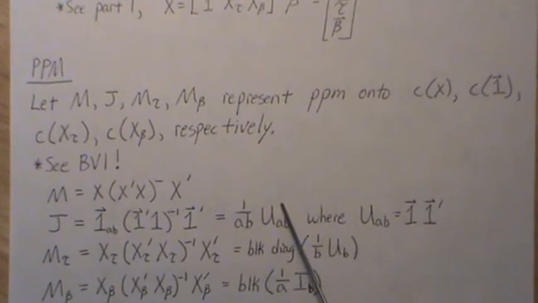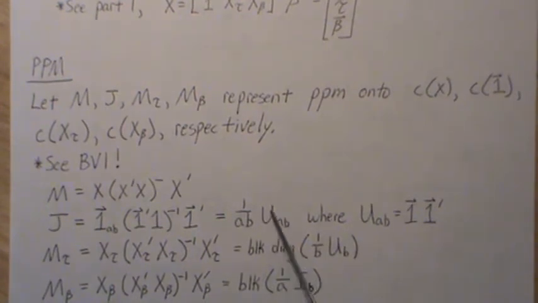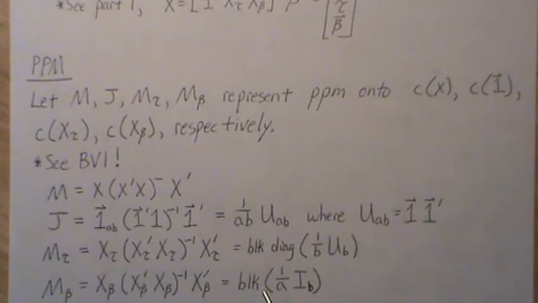If there's a number here, that tells me how many columns this matrix of all ones has, and then this is how many rows. But if the columns are left off, then we assume it's a square matrix. So this is a square matrix of all ones, AB by AB, times 1 over AB.